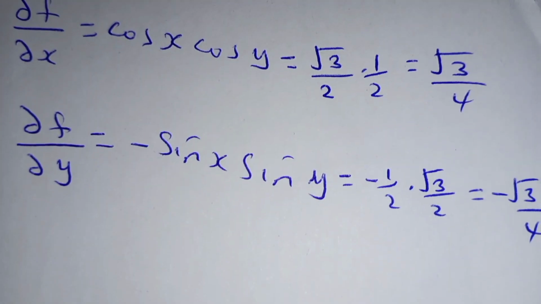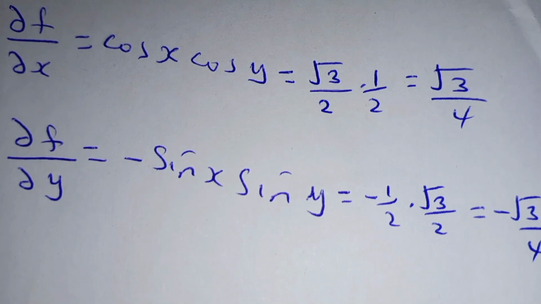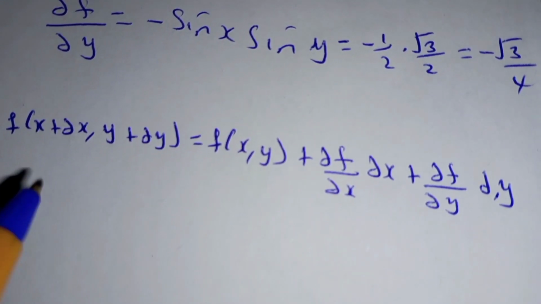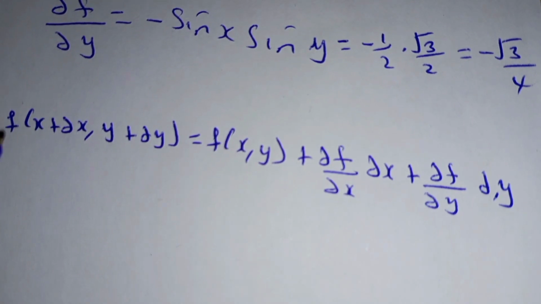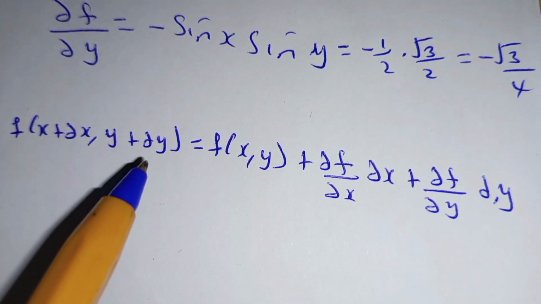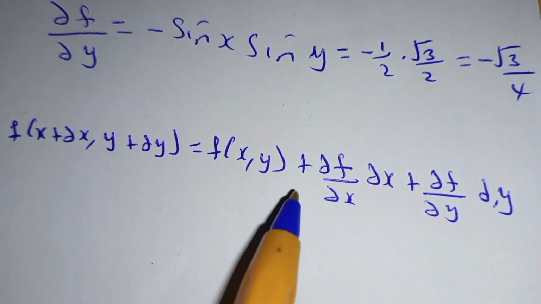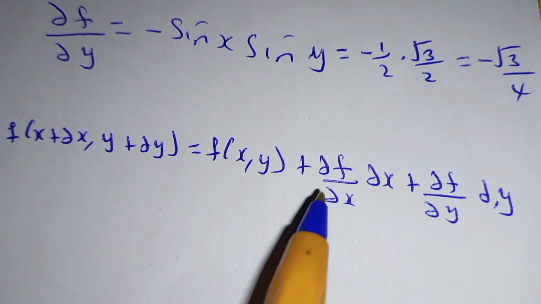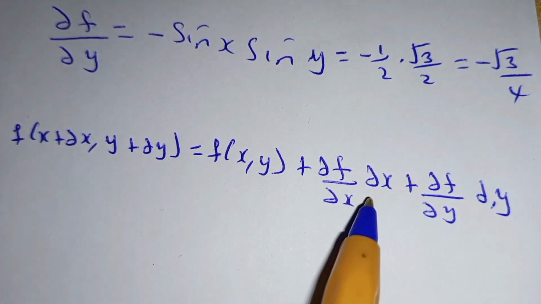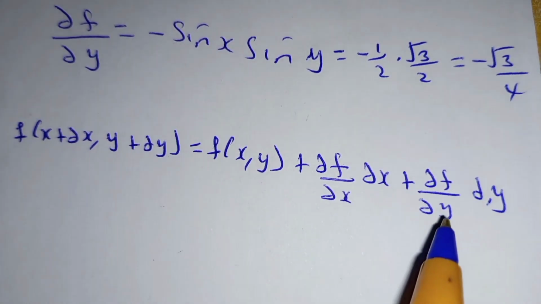Then we write the formula for the partial derivative as follows. So this is the formula: f of x plus change in x, y plus small change in y, is equal to f of x, y, plus partial of f with respect to x times small change in x, plus partial of f with respect to y times small change in y.